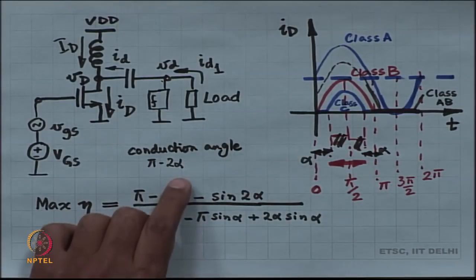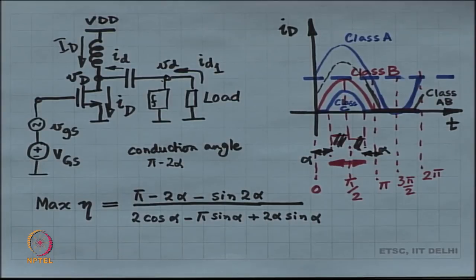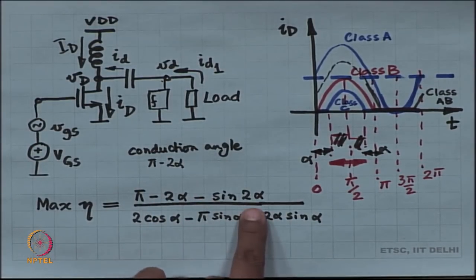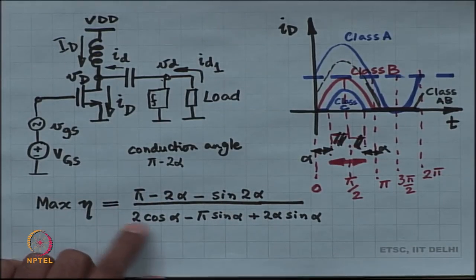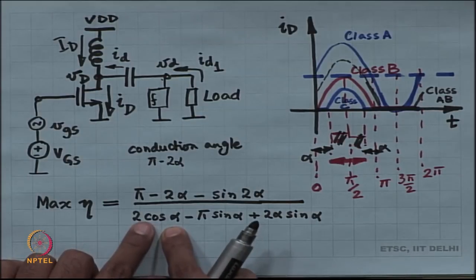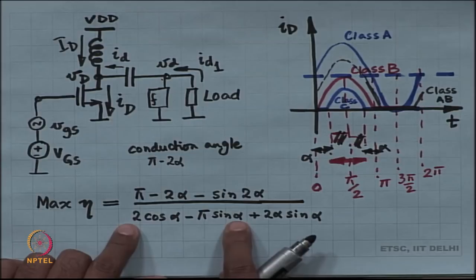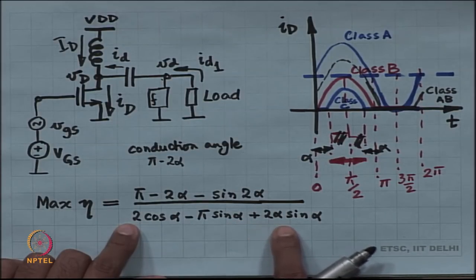So, for example, if alpha is equal to 0, then you are actually boiling down to a class B situation. So, you get pi minus 0. So, pi in the numerator and 2 times cos of alpha, that is 2 minus 0 plus a 0.